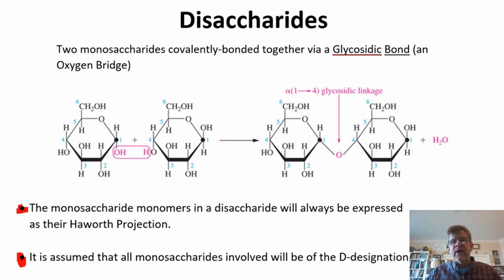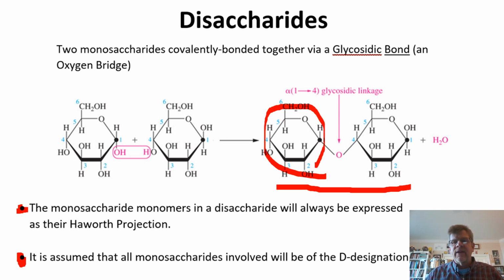We're going to find that the identity of the disaccharide itself is contingent upon the identities of the monosaccharides in it. We will look more closely at that glycosidic linkage in the next slide.